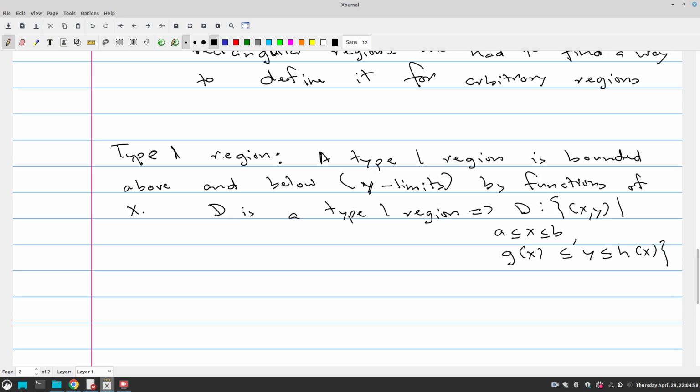Right? So these are your y limits. The x limits are constant, but the y limits are given by functions of x.